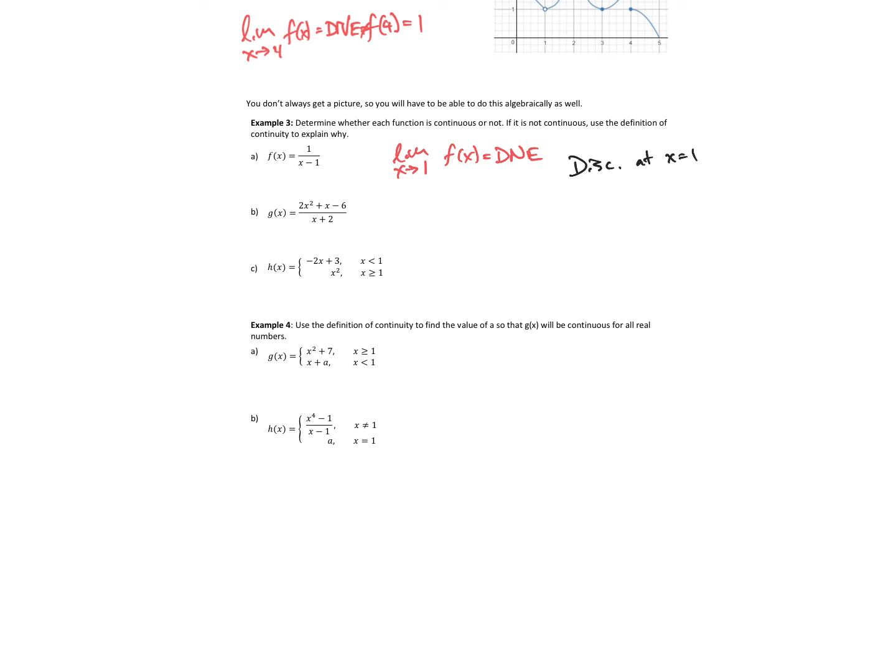All right, cool. Let's look at part B now. So anytime we see a fraction going on, what should we probably do? We should probably factor it. All right. So let's factor it. What does it factor to?